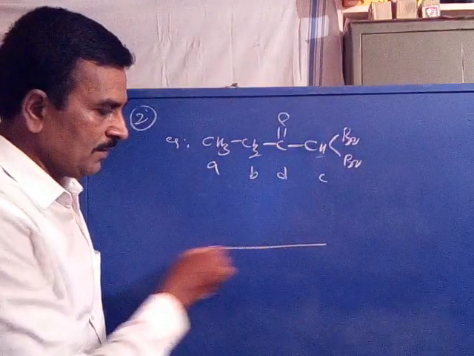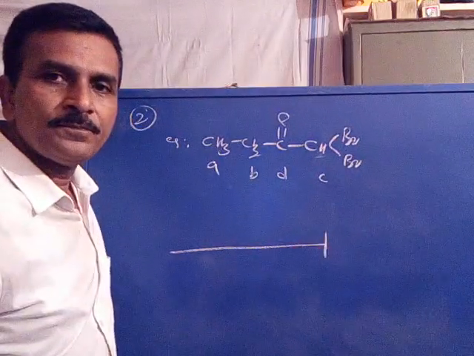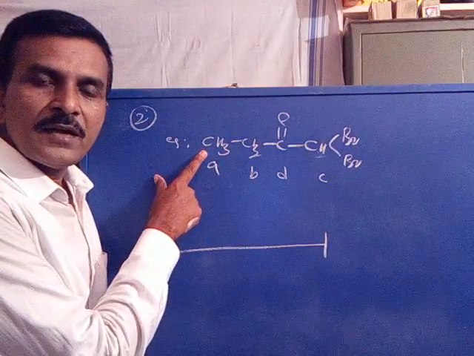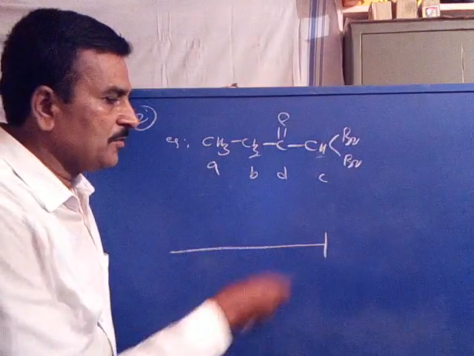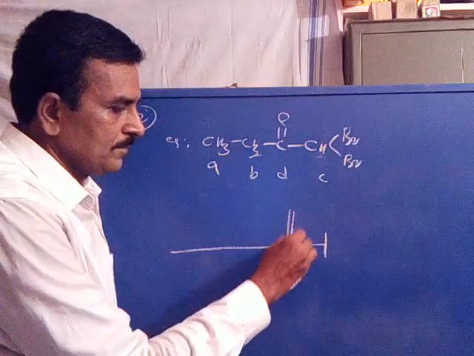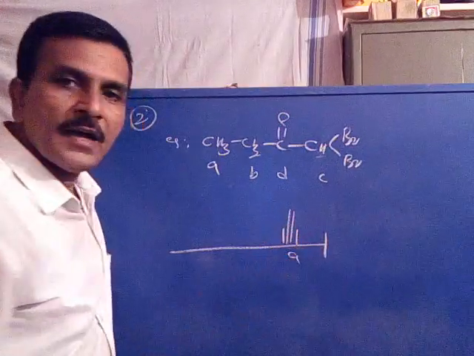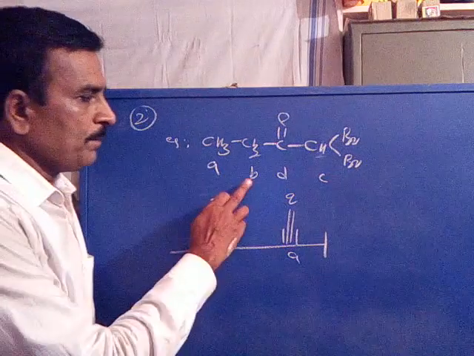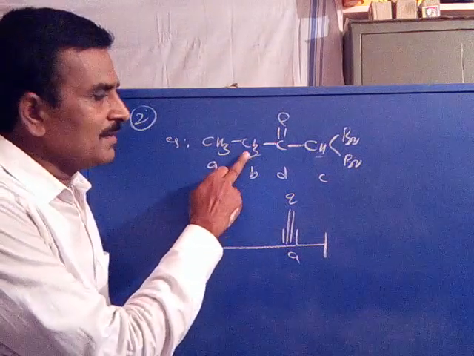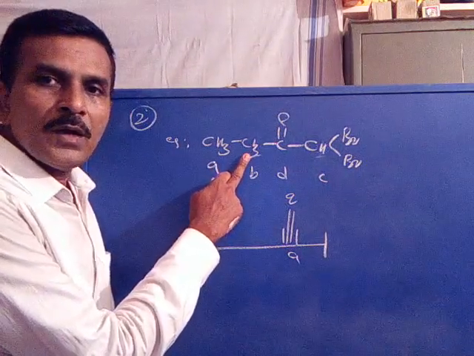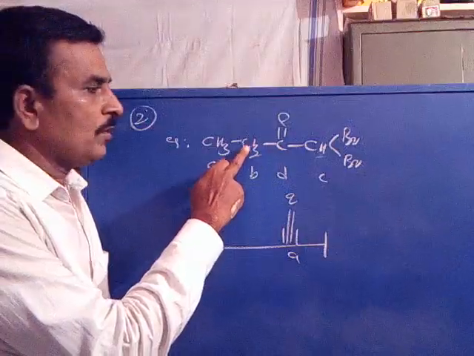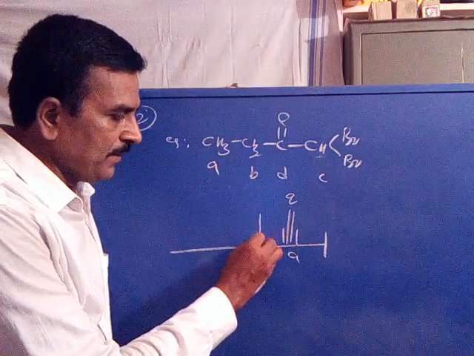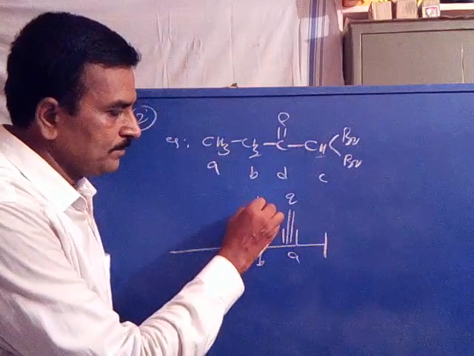Now it's a C13 NMR spectrum. For A carbon, there are 3 hydrogens attached, hence it appears as a quartet. Now for B carbon, this is attached with 2 protons, according to the n+1 rule, 1 + 2, it is a triplet.